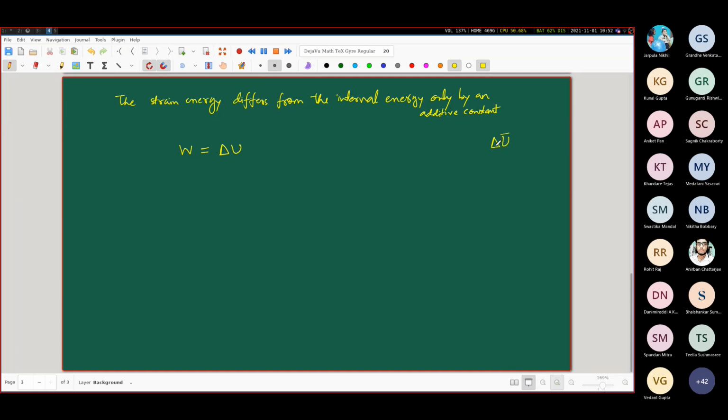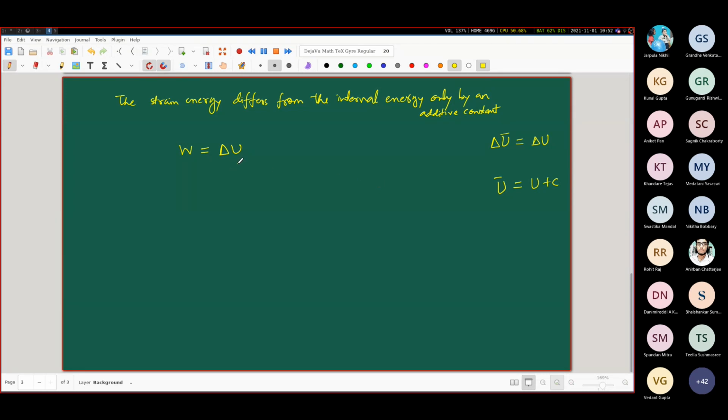Now this delta U bar will be perfectly equal to the delta U. Why? Because the only difference between U bar and U is some kind of constant. So you can think of it like this, that U bar is equal to U plus C, just an additive constant. So delta U bar will be equal to delta U because delta C is equal to 0.